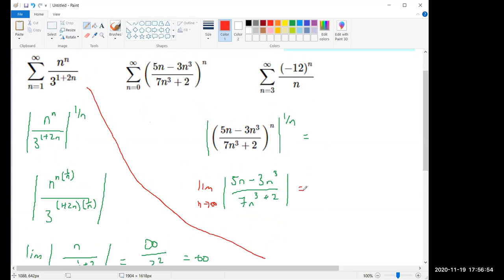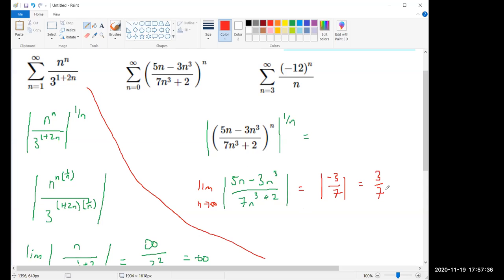What do we get here for the limit? Yeah, so it's -3 over 7 because the degree on the top and bottom are 3, so you take the leading coefficients. So this will be the absolute value of -3 over 7. And then we take the absolute value, it's just 3 over 7.